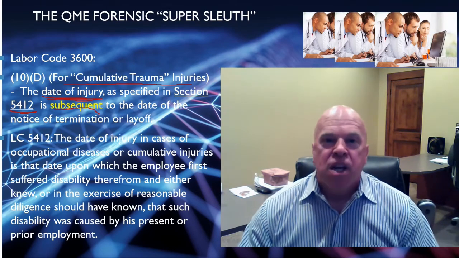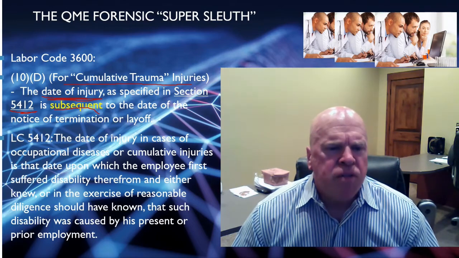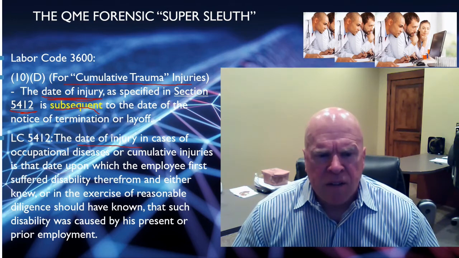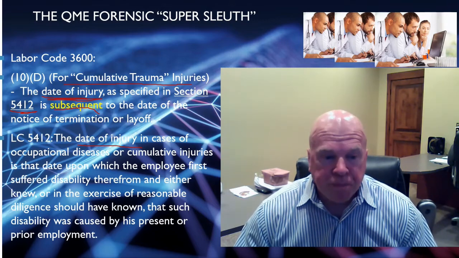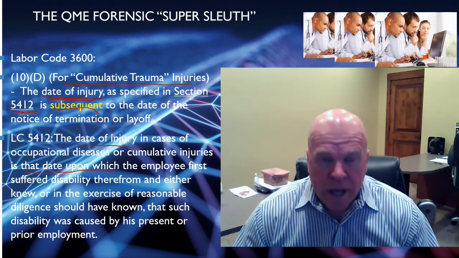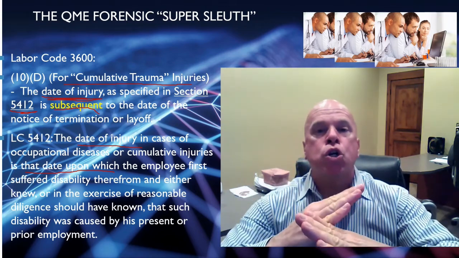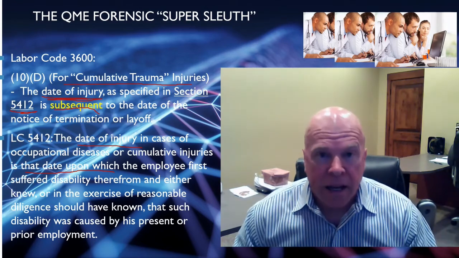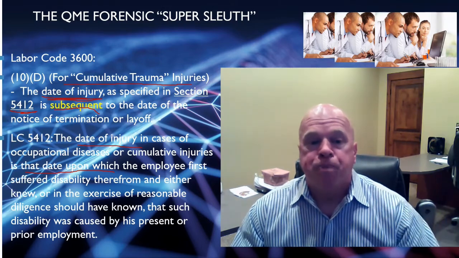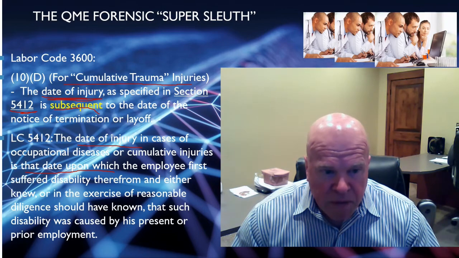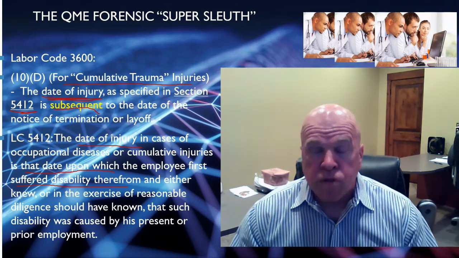The date of injury. So the date of injury for these claims is defined in Section 5412, and 5412 tells us here that the date of injury in cases of occupational diseases or cumulative trauma injuries is that date upon which 2 things happen. 2 things have to converge and coincide and intersect to define the date of injury. Number 1 is the date upon which the employee first suffered disability from the cumulative exposure, from the repetitive trauma.